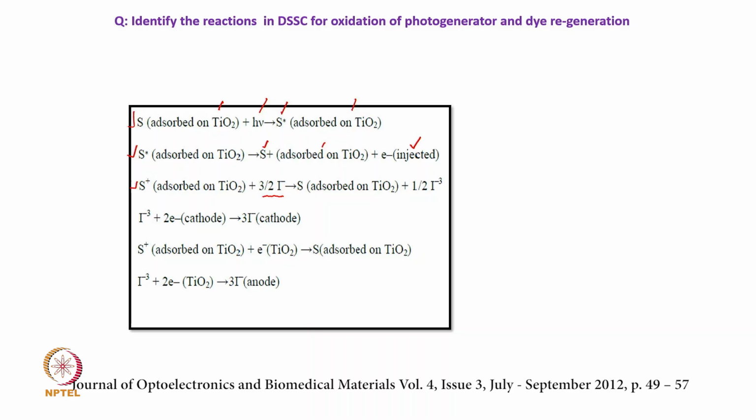You have I minus and I 3 minus redox couple in the electrolyte, and then it comes back after getting this electron, that is the HOMO level of the dye gets the electron and it is regenerated, and gives rise to I 3 minus. So, these are the two important reactions. This is one reaction, this is another reaction.